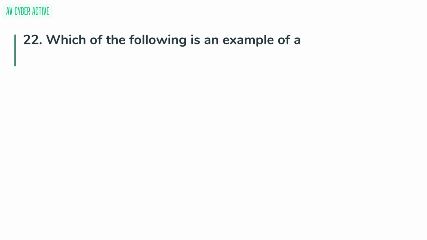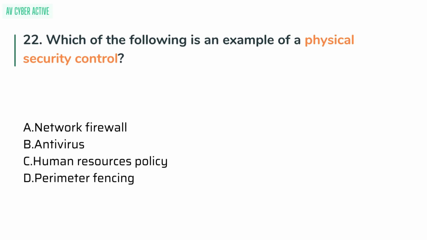22. Which of the following is an example of a physical security control? A. Network firewall. B. Antivirus. C. Human resources policy. D. Perimeter fencing. D is correct.